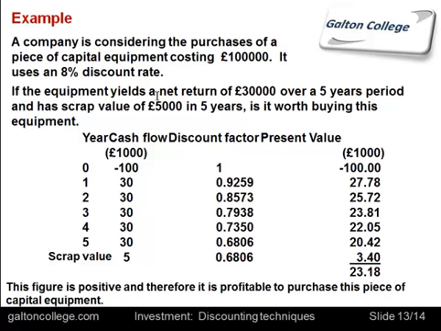If the equipment yields a return of £30,000 over a 5-year period and has a scrap value of £5,000 in the 5th year, is it worth buying this equipment? Well, if you write down what we know, we know that it's 100,000 going out, so it's minus 100,000. And then we get 30,000 in each year for 5 years, and 5,000 at the end, scrap value.